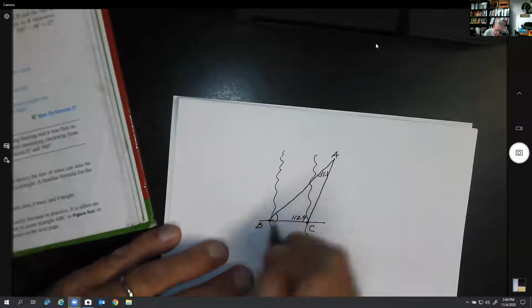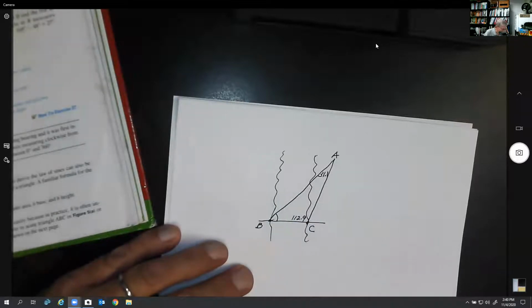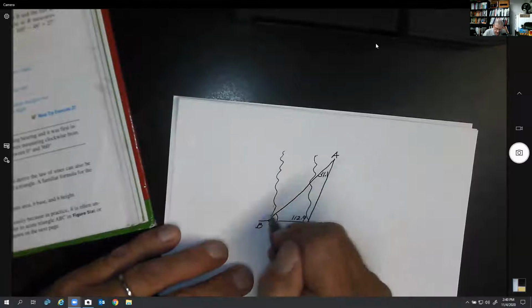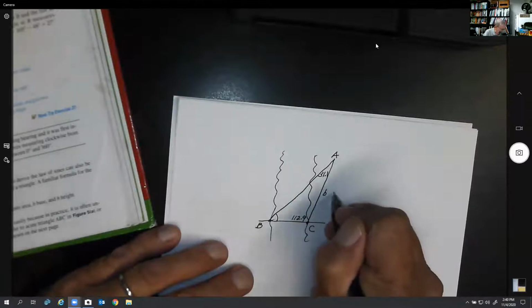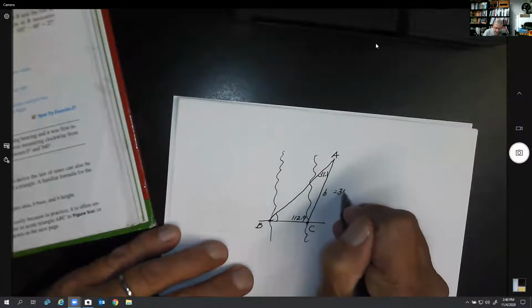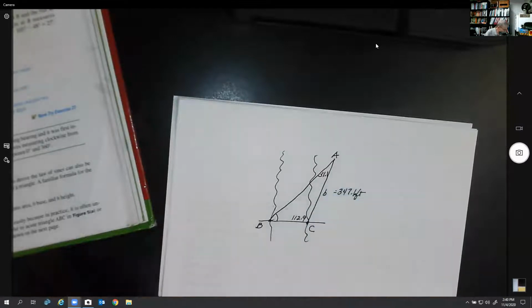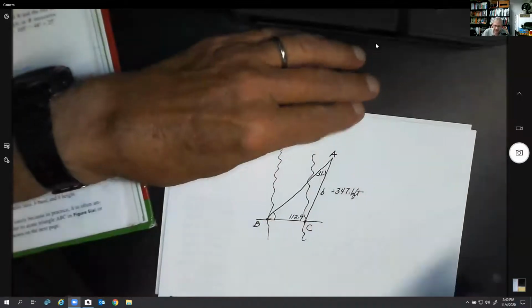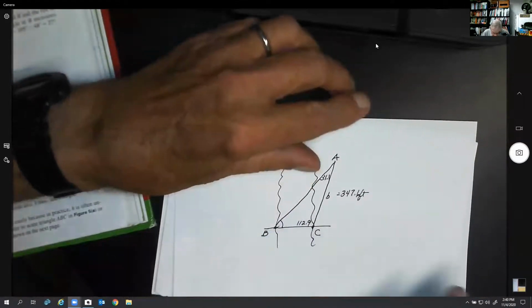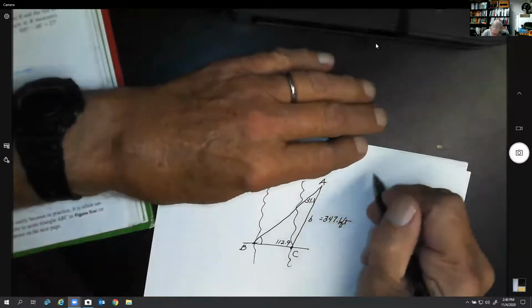We don't know that one. We're also looking for, we know this side, which is opposite B, is 347.6, and this is feet. And that's what we pretty much know, huh? So I like to find the angle first because I feel that's the easiest, and we sometimes might need that angle.